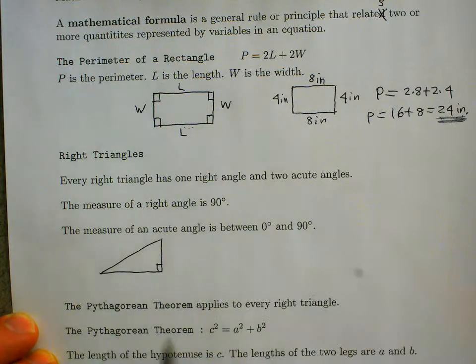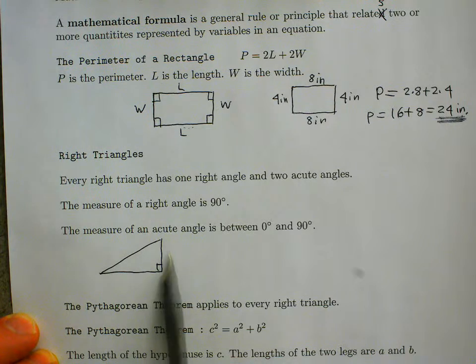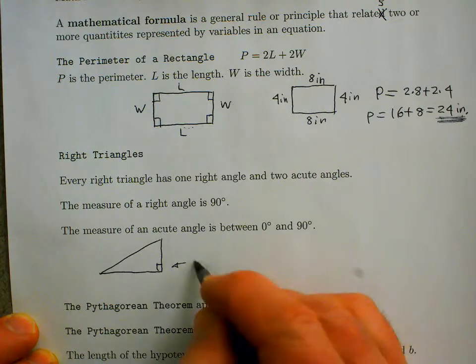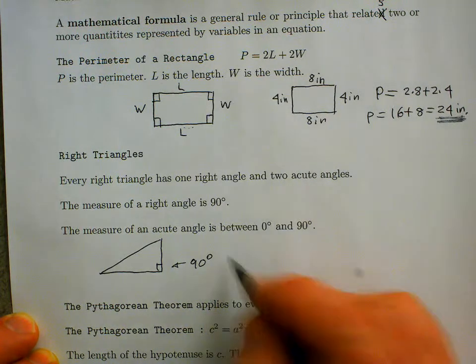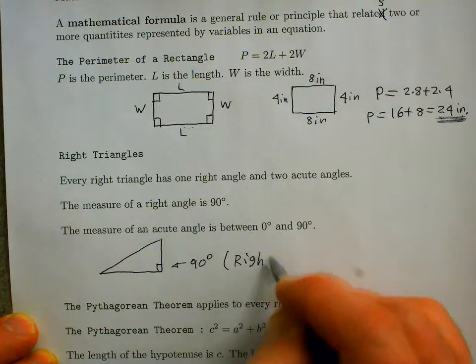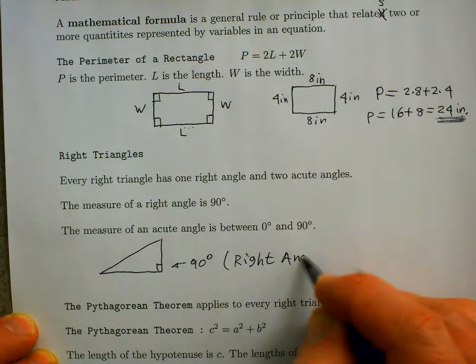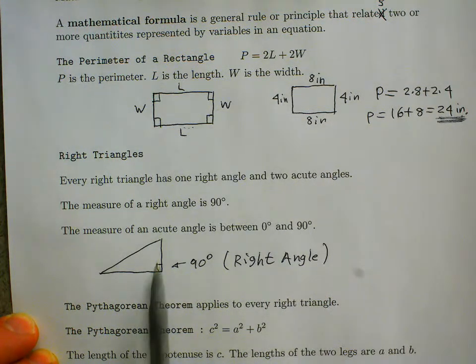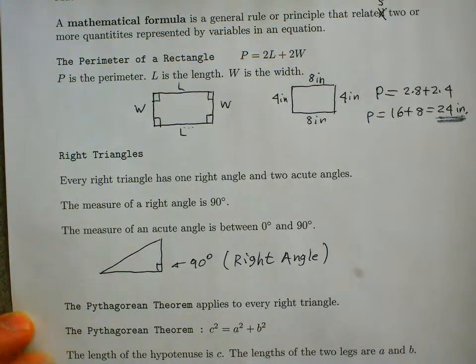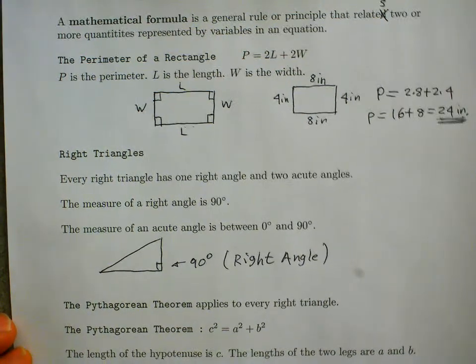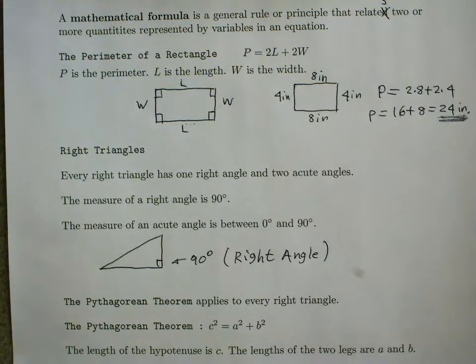But the one thing in common is that every right triangle has exactly 1 right angle. So 2 of the sides are perpendicular to each other. They form a right angle. So that one is the 90-degree angle, the right angle. And the other 2 angles are acute angles. They have to have measures that are between 0 degrees and 90 degrees.